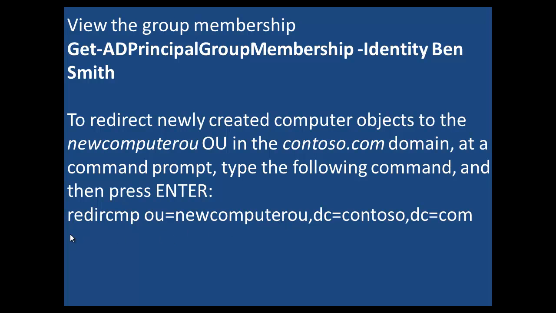So again, the command is redirect computer, OU equal whatever name you have given to the new OU or container where you want your computers to now go, and then you type the domain path, which is dc equal contoso, dc equal cup.